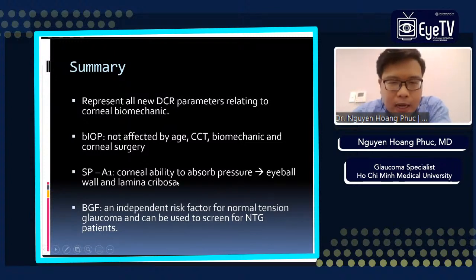SP-A1 shows us the ability of the cornea to absorb pressure and maybe the ability of the eyeball wall and lamina cribrosa to absorb pressure. And finally, the BGF is an independent risk factor for normal tension glaucoma and can be used for screening for normal tension glaucoma.